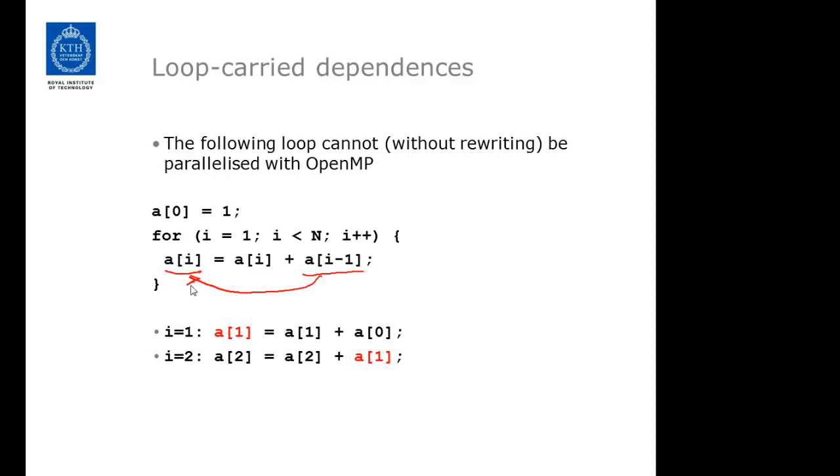This means that these iterations cannot be executed in any arbitrary order, so they have to be executed in the order specified by this sequential for loop. It's shown below with the iterations. Iteration I equals 1 produces a data value that is used in the next iteration. So it becomes clearly visible when you lay out the iterations in this way. This is a loop carried dependence, and this loop cannot, without rewriting, be parallelized with OpenMP or any other parallelism model.